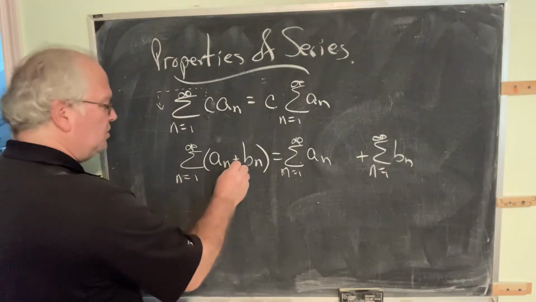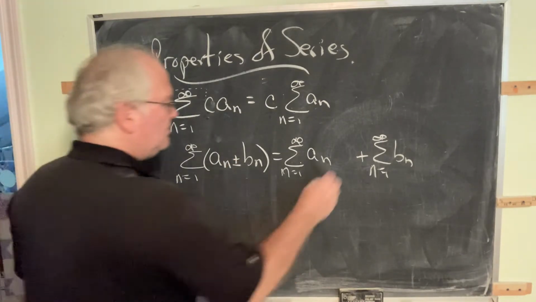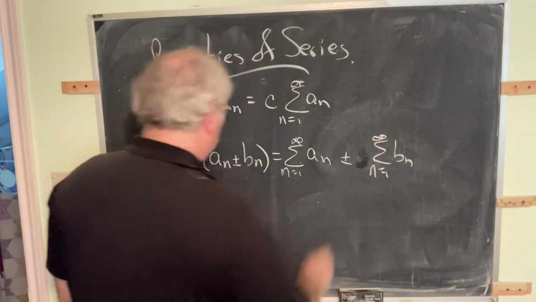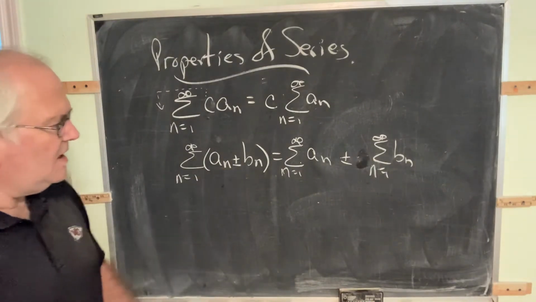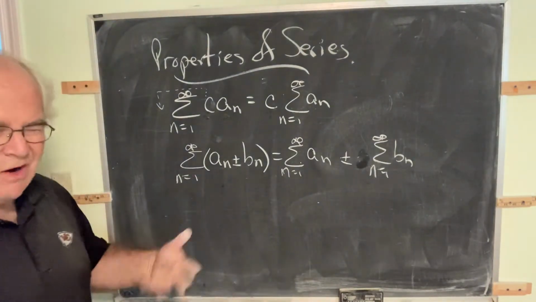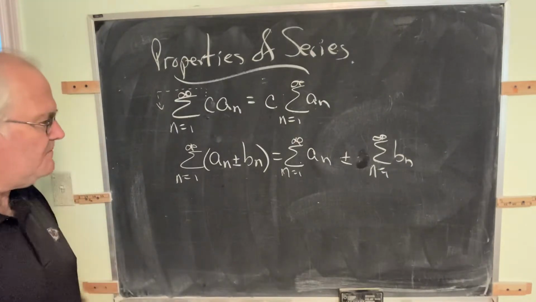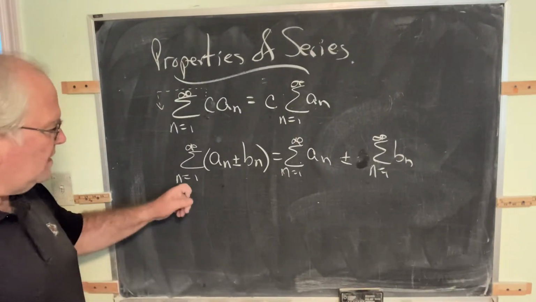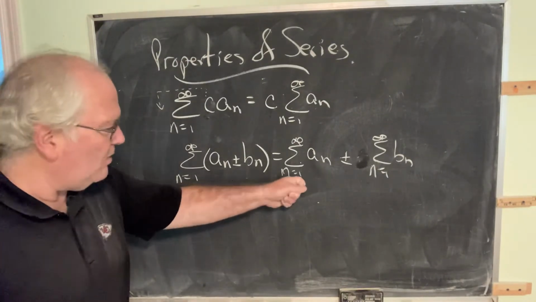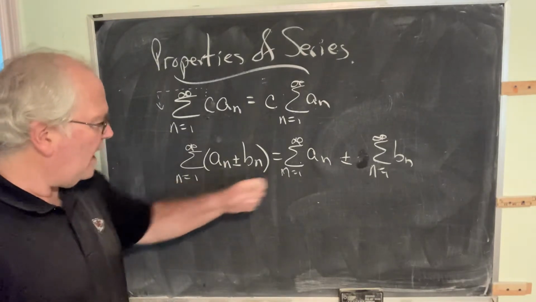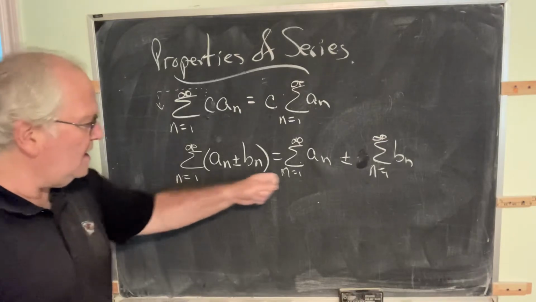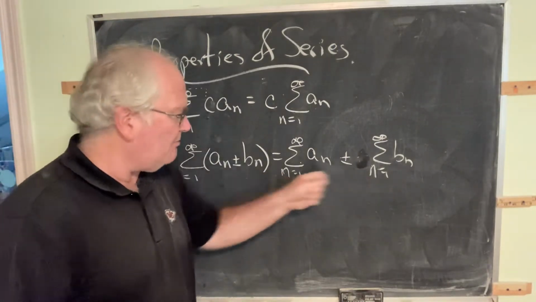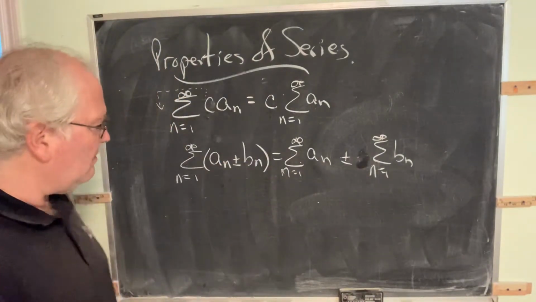And this is also true if you subtract. So the sum of the sum or difference is the sum or difference of the sums. It doesn't quite roll off the tongue as well, but it's the same notion. Now, this does not require that the index begins at 1. So long as the index begins at the same number, it can start at 1 or 0.